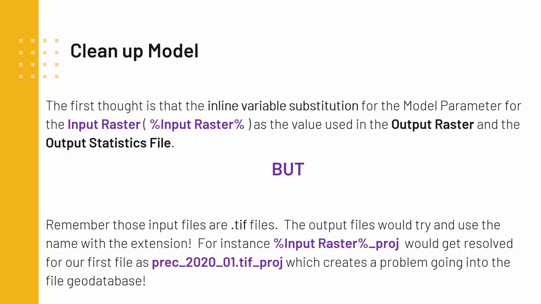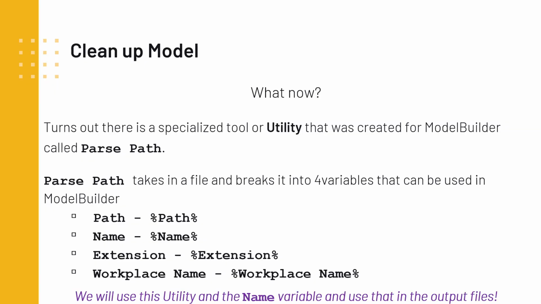So we do need to figure out how we're going to deal with this. Now what? This creates a really big problem because we want the name of the file without the extension.